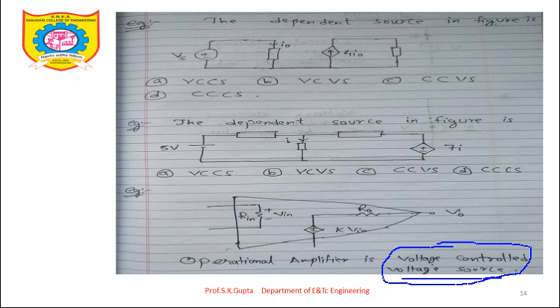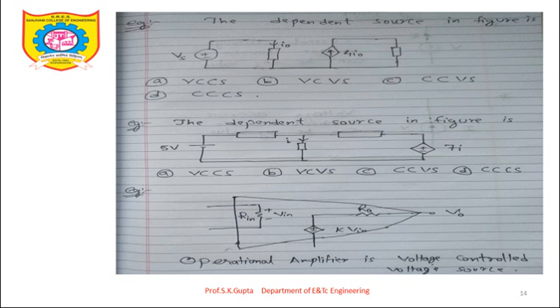Now one concept I would like to ask you: how much is the current over here? What is the value of the current here? The answer is that the current here is 0 ampere, because these two loops are isolated.